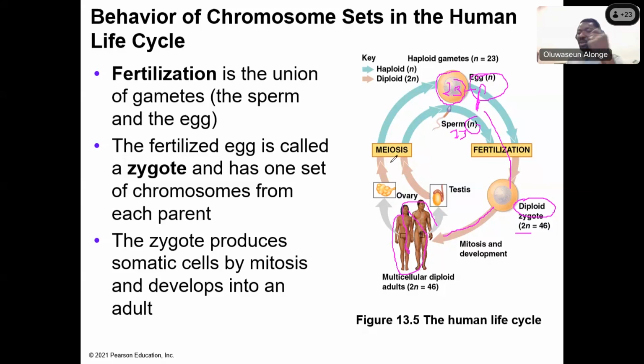So again, egg and sperm fertilize, produce a zygote. The zygote, general body cells, again undergo mitosis to give rise to the male and female. Then they undergo meiosis to produce egg and sperm again. And that is a cycle.